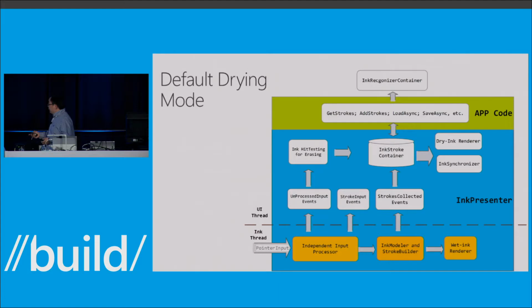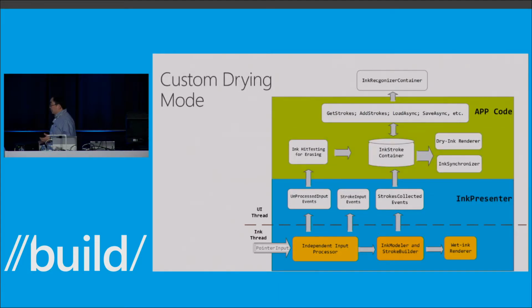But after you activate custom drawing mode, you will write more code because you want to gain more control. The good news is that all the building blocks we use internally, we expose as public APIs for you to use. You can create an instance of dry ink renderer, an instance of ink synchronizer, and obviously an InkStroke container instance. And obviously, you can continue to use the record container.